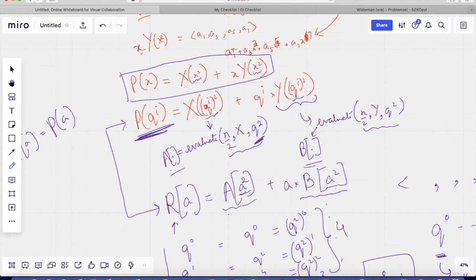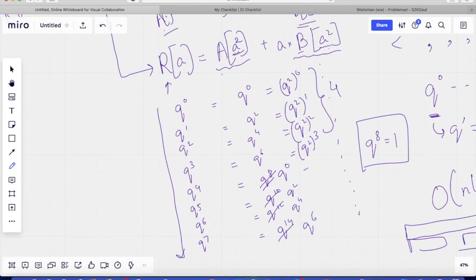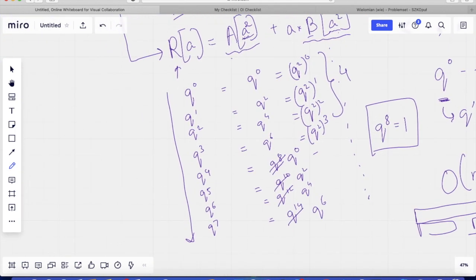Now the important thing is, it might seem that the length of the arrays here is only half of the actual length, because of the recursive function. So how can we calculate all the 8 values from only 4 values present here and here? Now the trick here is that when you see what the a square is that you are passing, you gather that there are only 4 distinct values of a square, which you can write in this form.